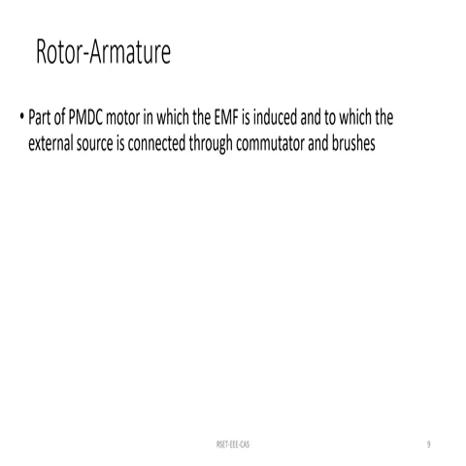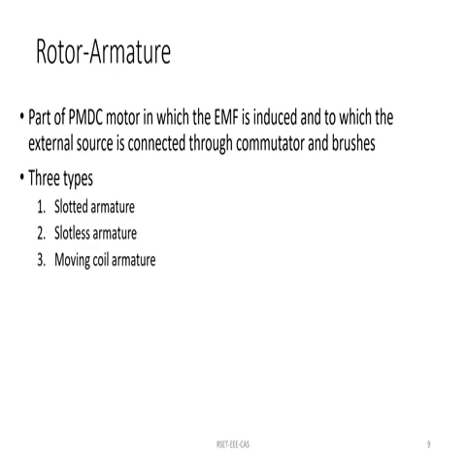So here, for a motor action, external power is provided through commutator and brushes to the armature windings, and back EMF is induced in the armature winding. There are mainly three types of rotor construction. One is slotted armature, second one is slotless armature, and third one is moving coil armature.